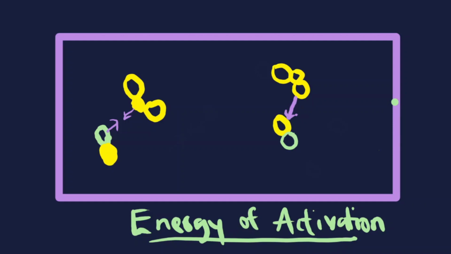In case one, the oxygen in the ozone hits the nitrogen atom, and this is the correct orientation in this scenario, and this will form the required products.